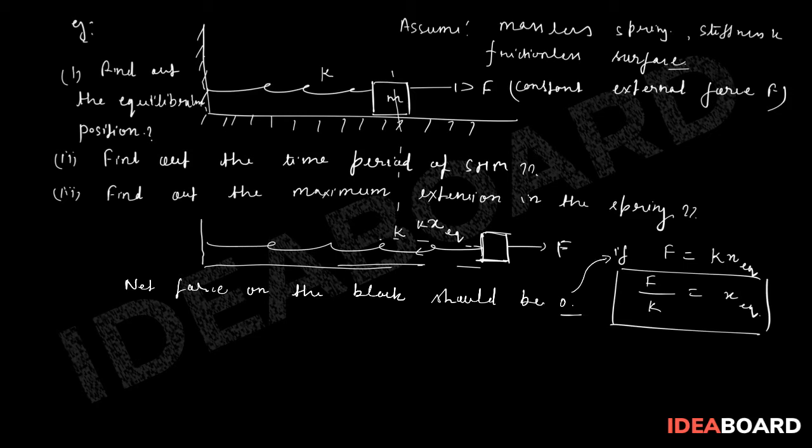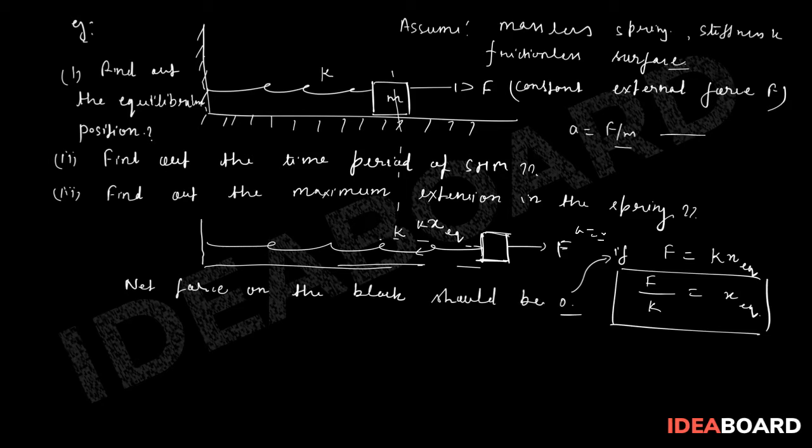Now you need to understand, at this point the particle will not stop. This is just the point of equilibrium. Initially when you apply a certain force, the acceleration will be F by m only, because there is no extension in the spring. But when x equilibrium comes into the picture, the net force is 0, that means acceleration is 0.